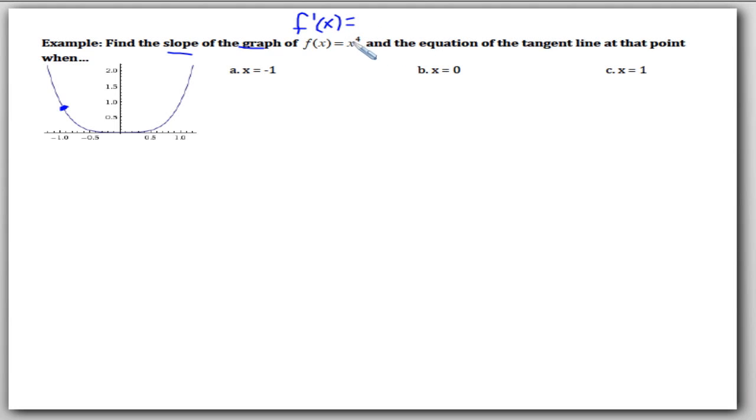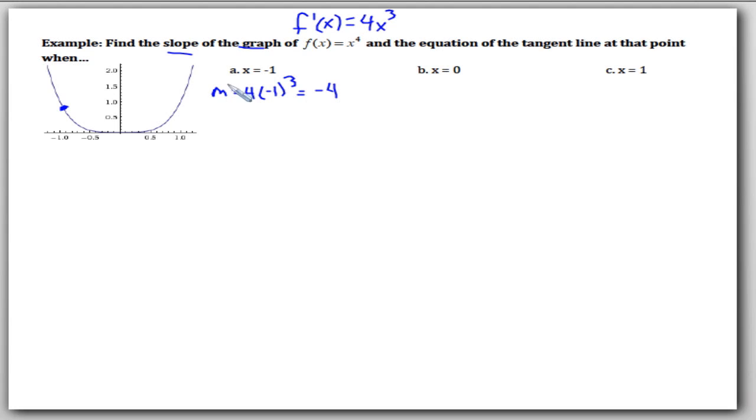Okay, and using our power rule, we can do 4x cubed. So that is the function for the derivative. So looking at this right here, the slope of our function is going to be 4 times -1 cubed, which is just -4.